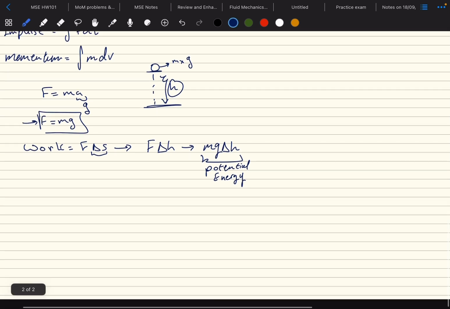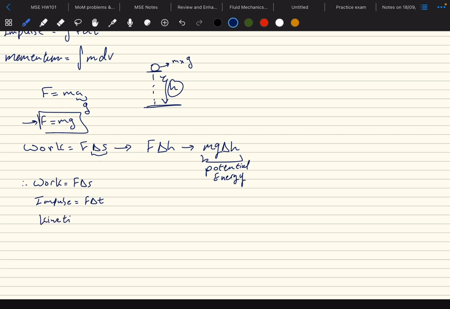So, let's organize our information. Work, F delta s. Impulse, F delta t. Kinetic, m delta v squared over 2.